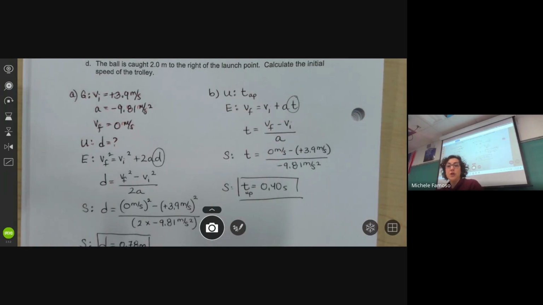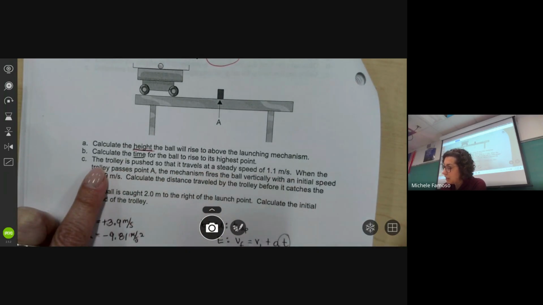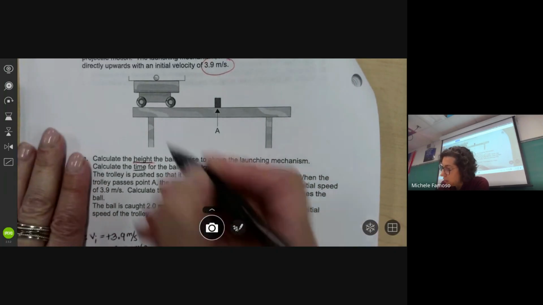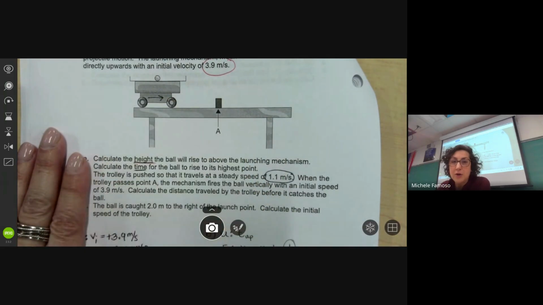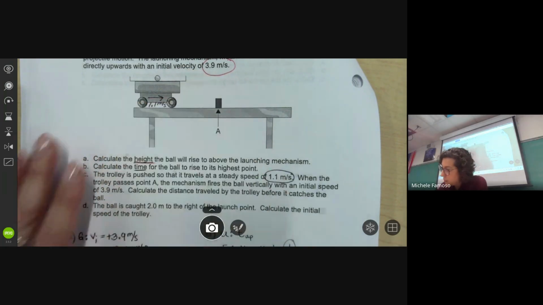Okay, let's now look at part C. That trolley gets pushed so that it travels at a steady speed of 1.1 meters per second. In other words, this cart is now going to travel to the right at 1.1 meter per second.